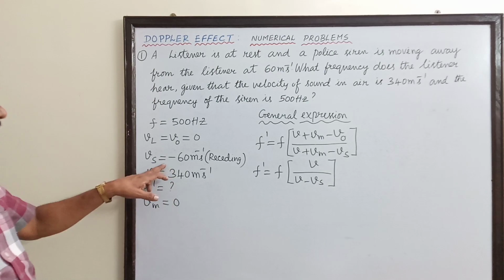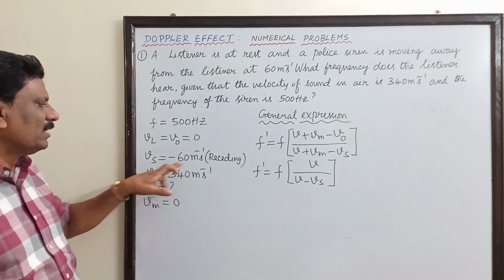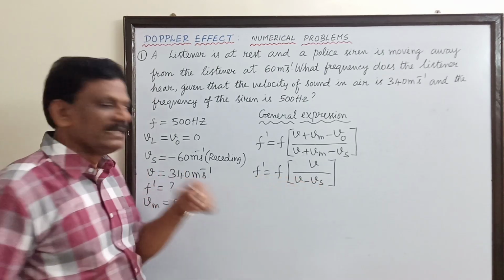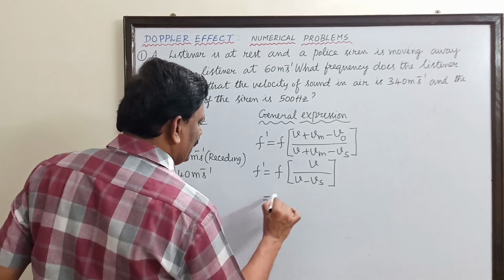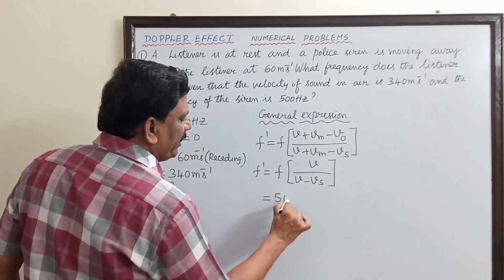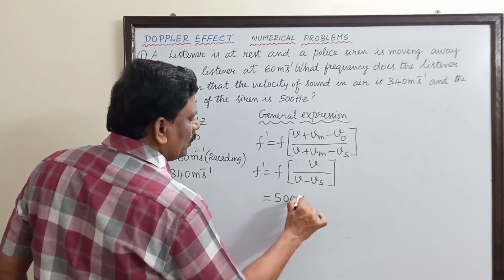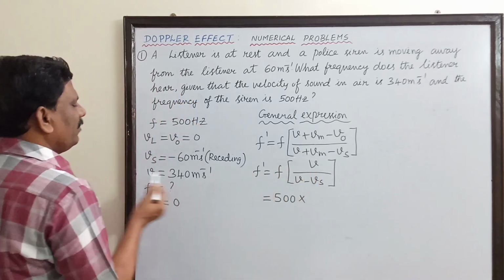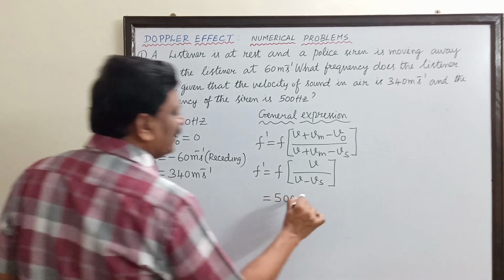When the source is receding, its value has to be taken as minus 60. So minus of minus 60. Substituting, F is 500, and the velocity of sound is 340.